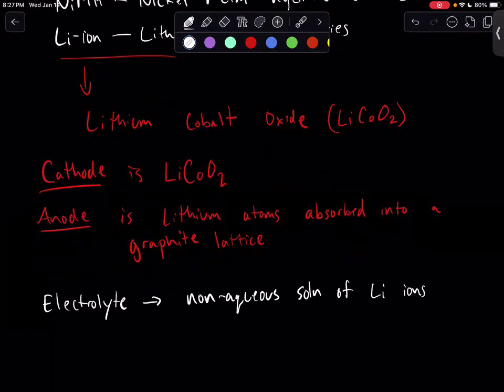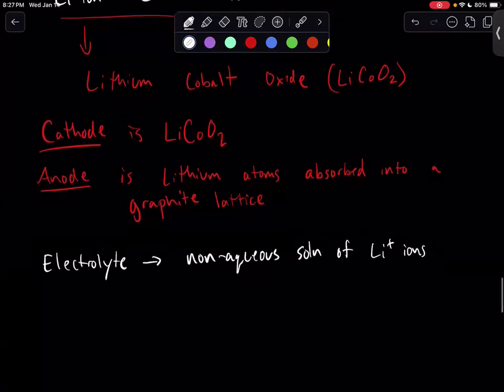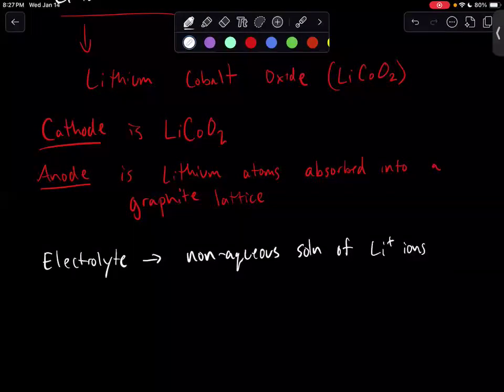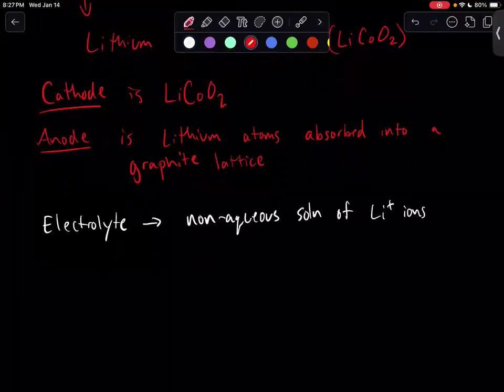So we're going to have our Li plus ions moving around in a non-aqueous solution. So we're not using water for this. Now, we have our two main reactions, because we have our reaction at our anode and we have our reaction at our cathode. At our anode, we have our oxidation reaction.